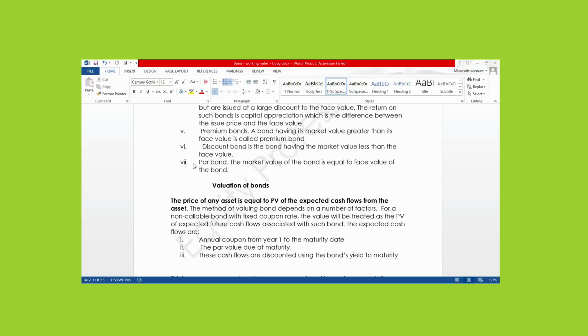A bond may be issued at a premium or issued at a discount. A bond may be redeemed at a premium or redeemed at a discount or redeemed at par value.